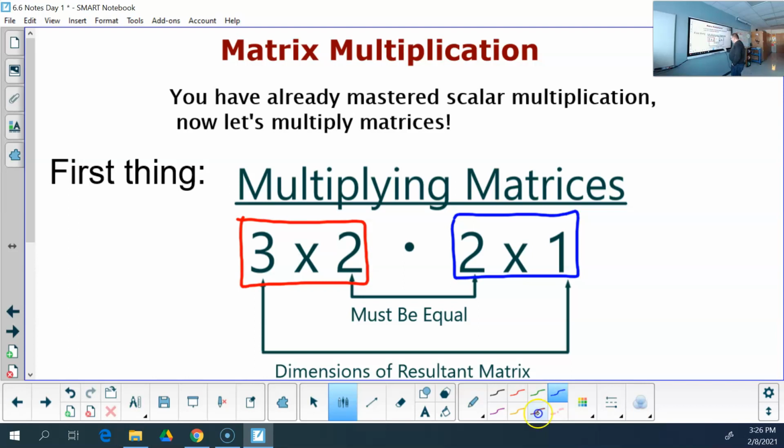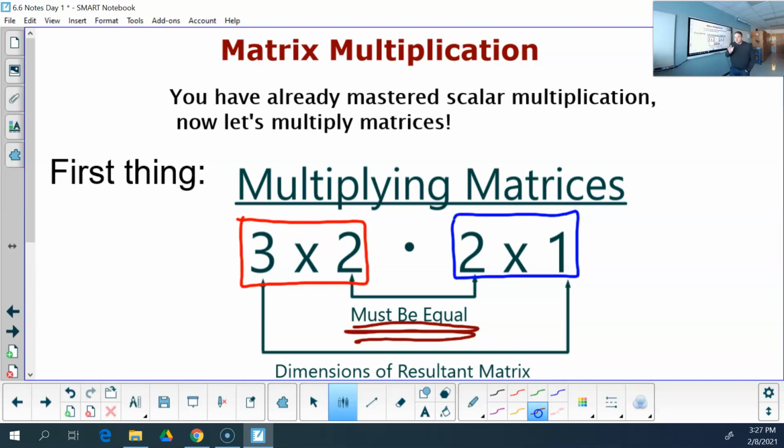So it's left and right, and we have to look at those two. And this has to be true. If this is not true, we cannot multiply those two matrices together. Every matrix cannot be multiplied together. Only special ones, and those special ones have these two matching dimensions in the middle. The number of columns in the first one is the same as the number of rows in the second.